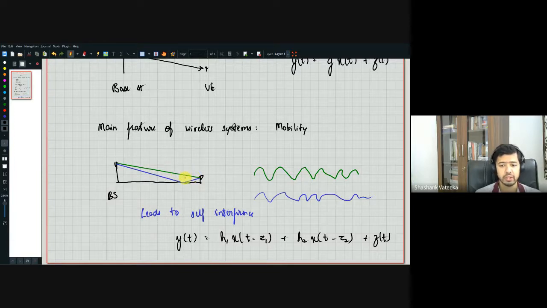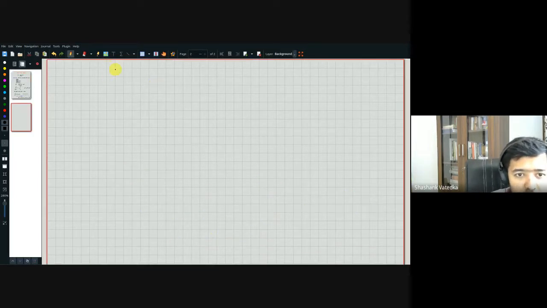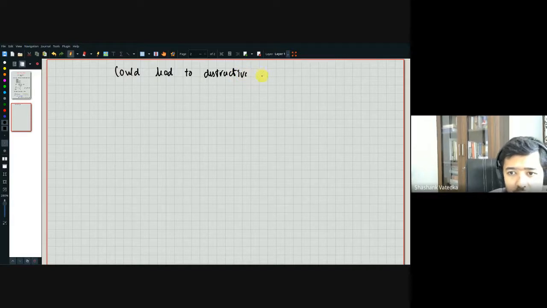But depending on the frequency or the wavelength of transmissions used, this could potentially lead to destructive interference.